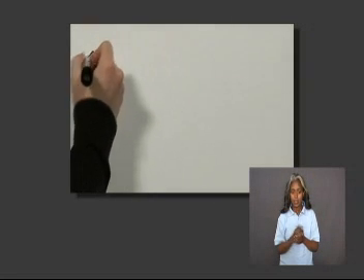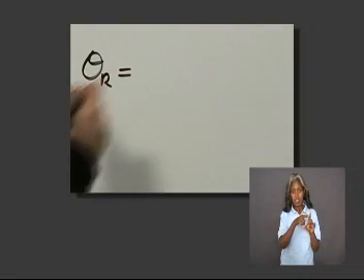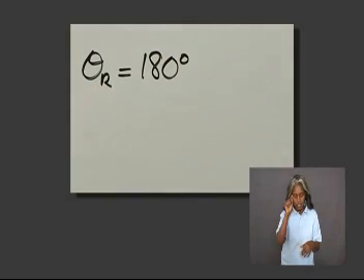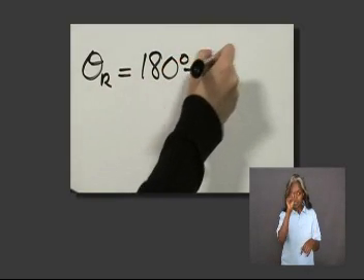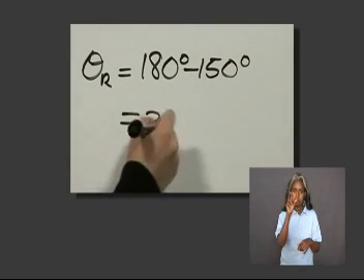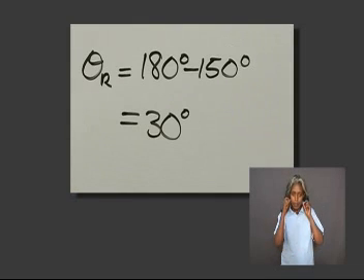We first find the reference angle by subtracting 150 degrees from 180 degrees. The answer is 30 degrees. We used our understanding of a supplementary angle to find our reference angle.